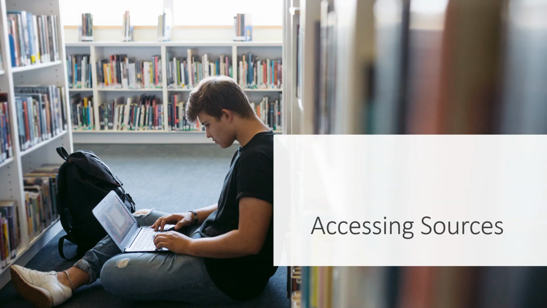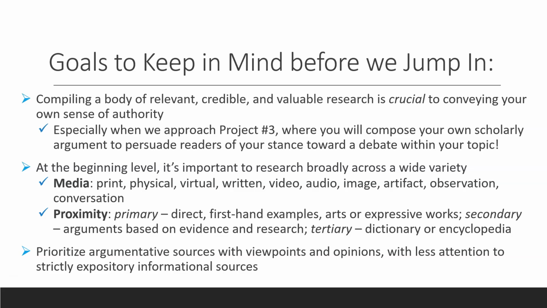So now that we kind of understand the purpose, the goal, and the method of academic research, we can get into accessing some key sources. Before we just jump into what the sources are, let's keep in mind why we're doing the research and what we want to accomplish. So first of all, why?